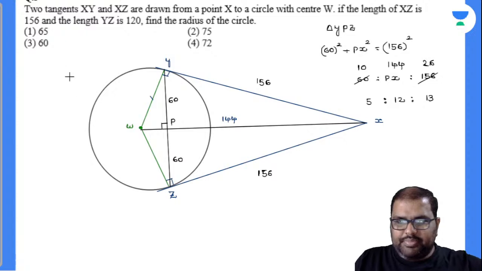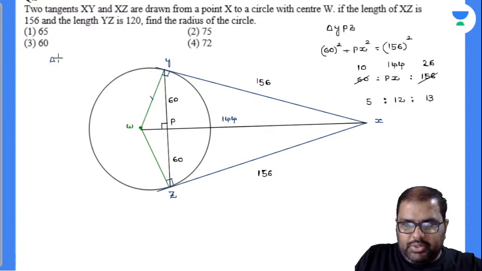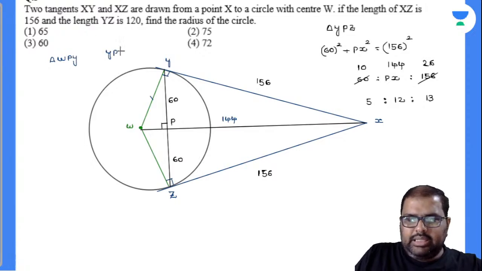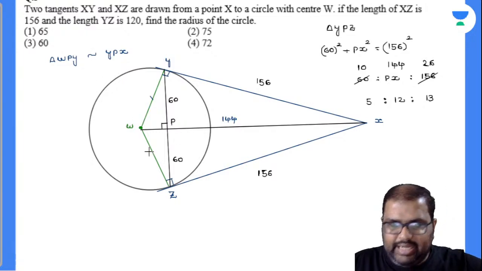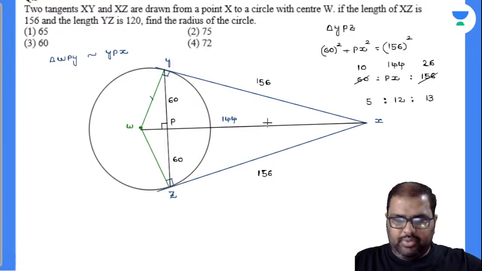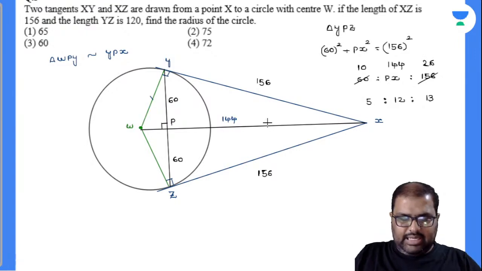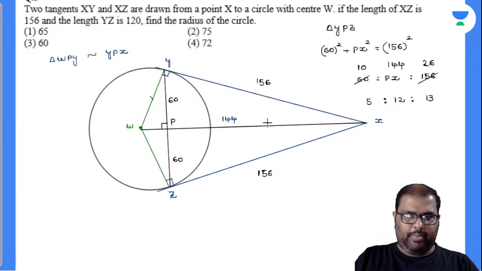Now closely observe triangle WPY and triangle YPX. Are these similar triangles? Yes, they are similar triangles. There is a 90 degrees angle in common. You can flip it and easily understand. The 60 side is common there.